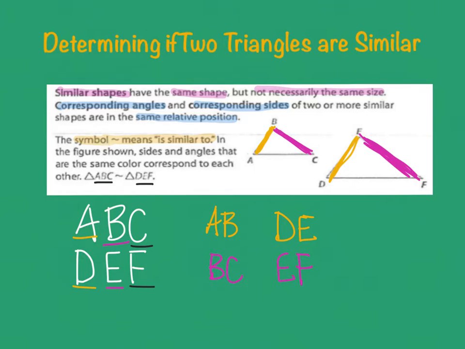A and C are the first and last letters in the small triangle, and then D and F, those are the first and last letter in the larger one, and I put them the same color. Now, if anybody asked me a question, all I would have to do is either go look at how I listed my letters, or I could come up here and look and see what colors match. Those pieces go together.